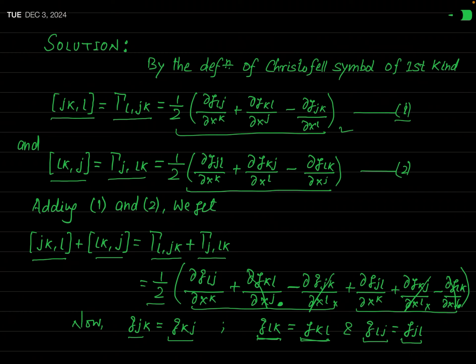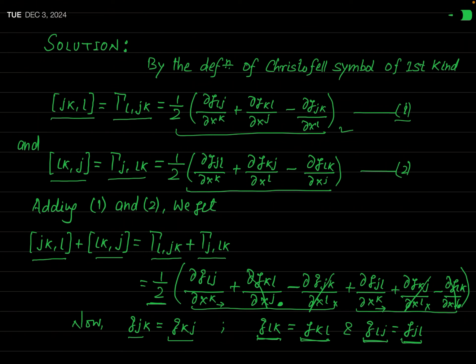And again you can see g_LJ and g_JL are both equal. So these two terms which I am marking by this arrowhead will get added. When we add them, this will be 2 del g_LJ by del x^K, and that 2 and the 2 in the denominator will cancel out.